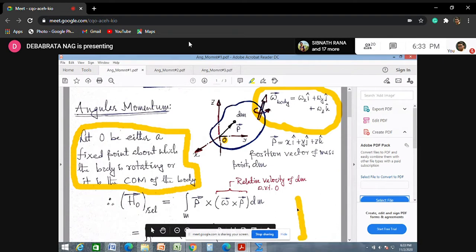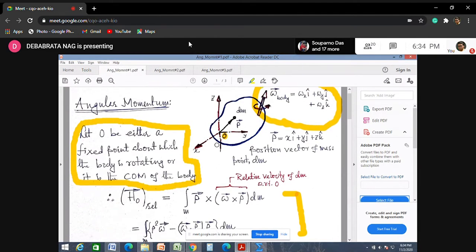Although I said that this equation can be applied for any point, the point O need not be a special point like this, provided I can write the relative velocity between these two in a special form.